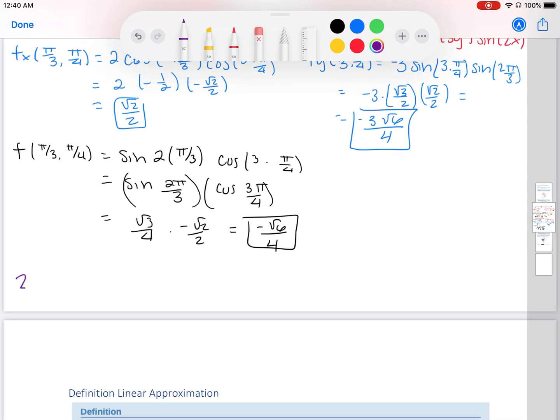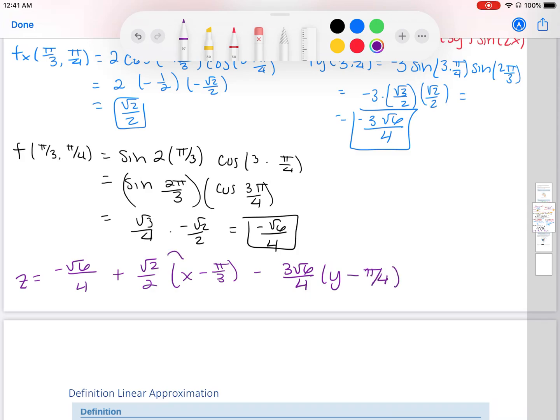So our formula, or our equation of our plane z, is negative square root of 6 over 4 plus square root of 2 over 2 times x minus pi over 3 minus 3 square root of 6 over 4 times y minus pi over 4.